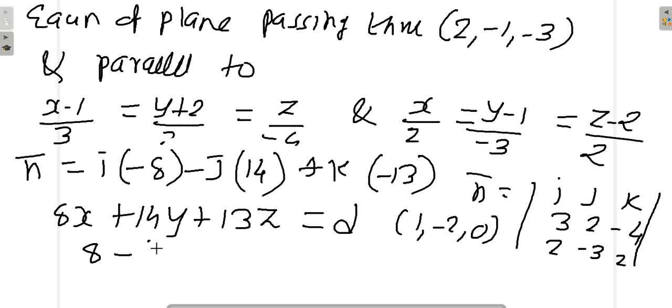So it is 8 minus 28, and z is 0. So 8 minus 28 will give you d as minus 20.